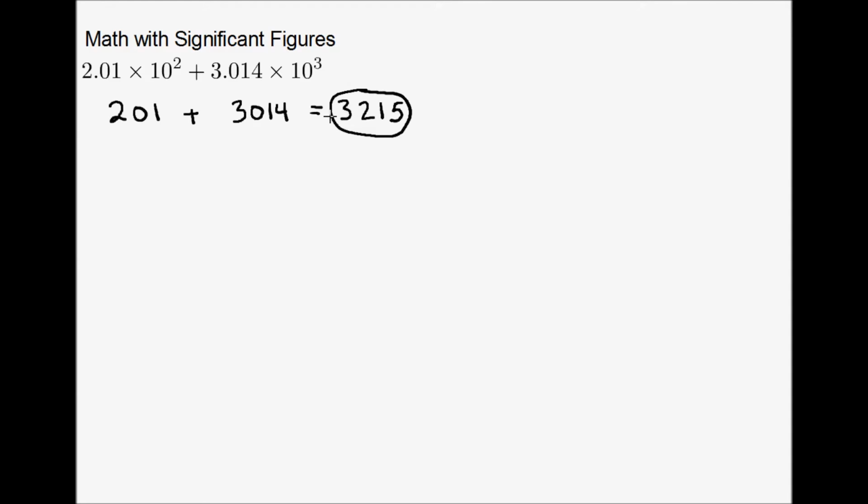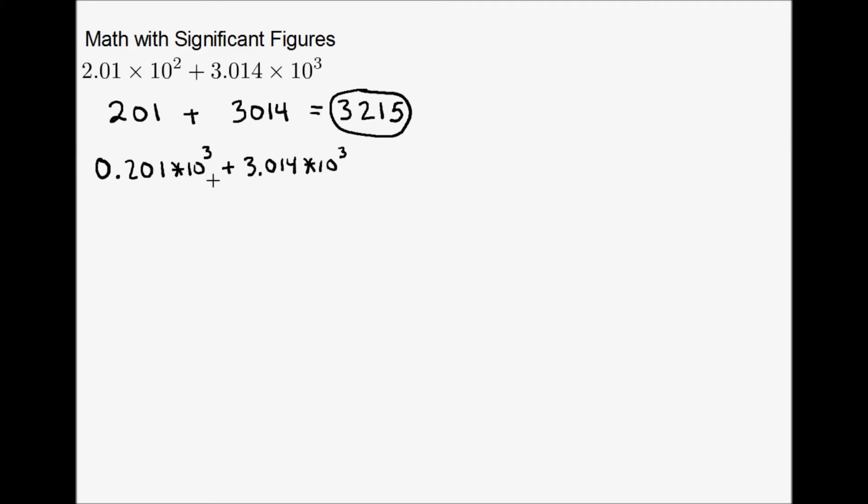The other method, which I'll go into briefly here, is to make both these numbers have the same power of 10. So for instance, I can convert the first number to 10 to the third. You would convert it and you'd end up with 0.201 times 10 to the third plus 3.014 times 10 to the third.